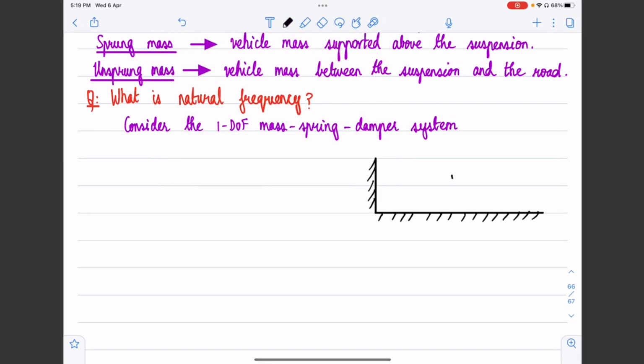We have a mass M, which is connected to a spring and a shock absorber or a damper. Let us say this is our mass M, and it is connected to a linear spring. This is a spring, and then we have a shock absorber.